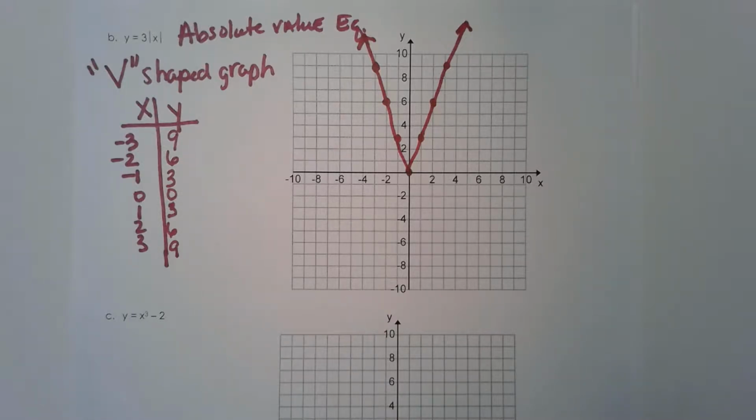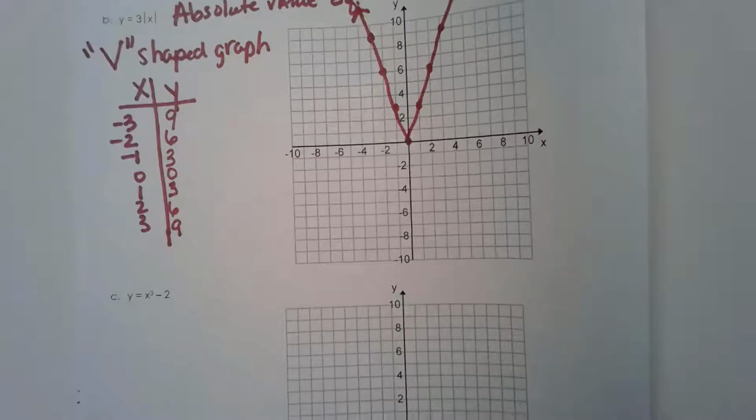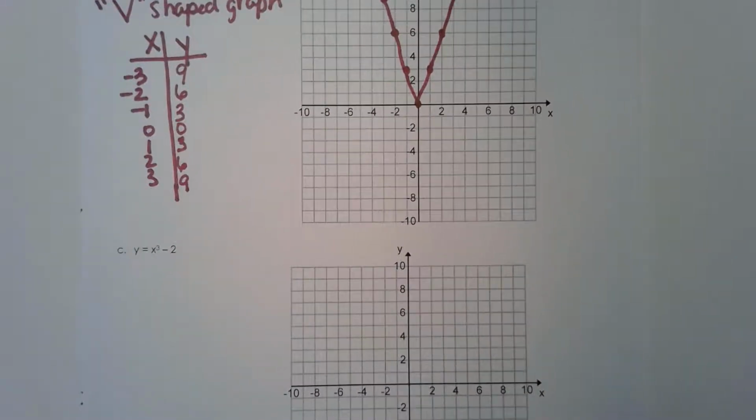So we're going to be looking at these different types of equations and being able to graph them without the graphing calculator, knowing what the basic graph looks like, and then adding information to the basic graph. How would we graph it? How would it transform?